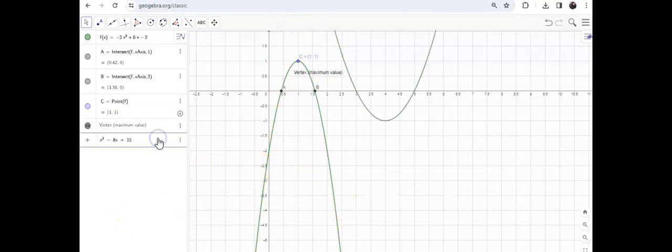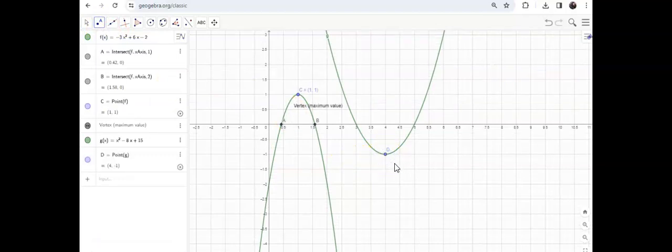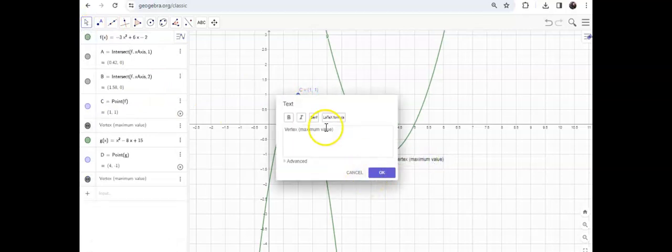Let's have this function. Okay, so again, this one opens upward. So this is the vertex. So this vertex is, yes, the minimum value. Okay, because the parabola opens upward.